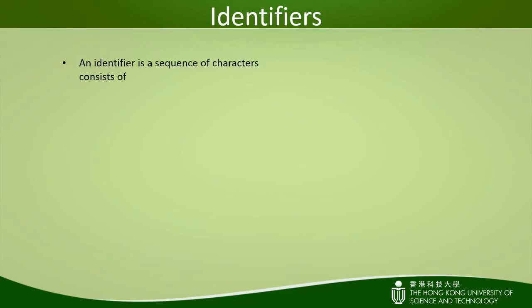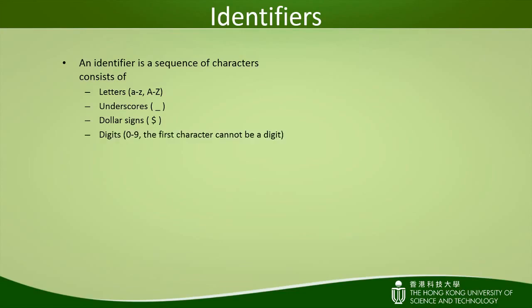The naming of identifiers must follow certain rules in Java. In Java, a valid identifier is a sequence of characters that consists of letters from A to Z, both lowercase and uppercase. The underscore symbol and the dollar sign can also be used, and digits from 0 to 9, except that digits cannot be used as the first character of an identifier.